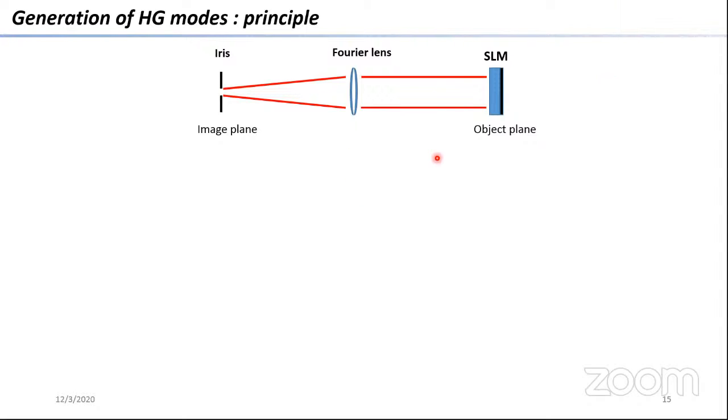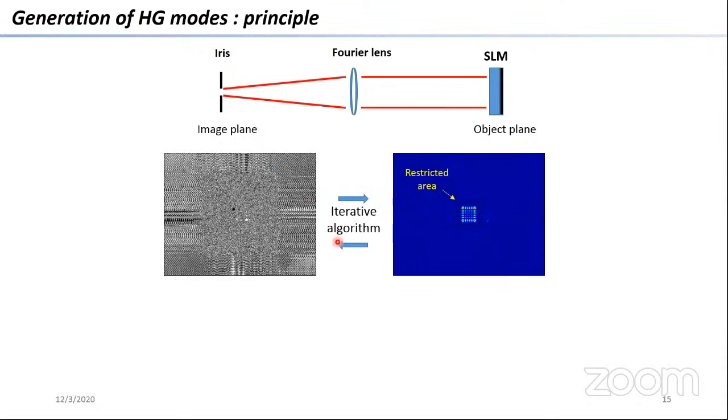So for the generation, we use an SLM, spatial light modulator, on which we send a Gaussian mode, and then we look at the Fraunhofer diffraction in the Fourier plane, the image plane of the Fourier lens. So the difficulty here is to calculate the phase map we have to send to the SLM. For this, we use an iterative algorithm which generates the mode in a restricted area.